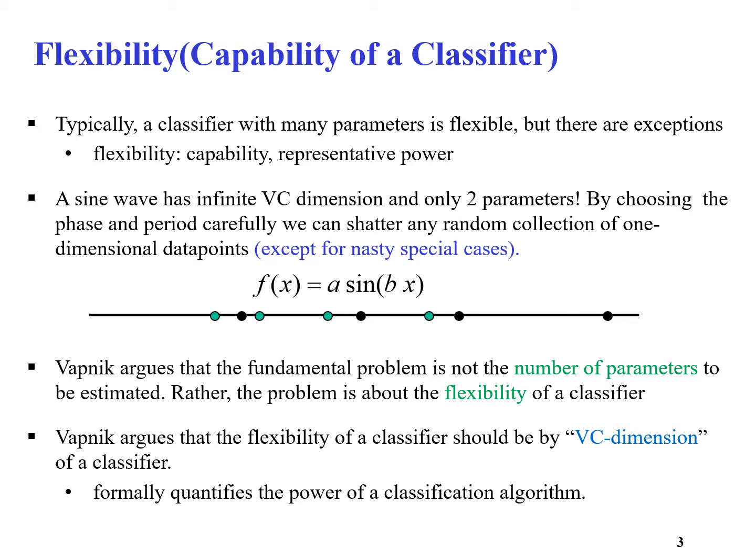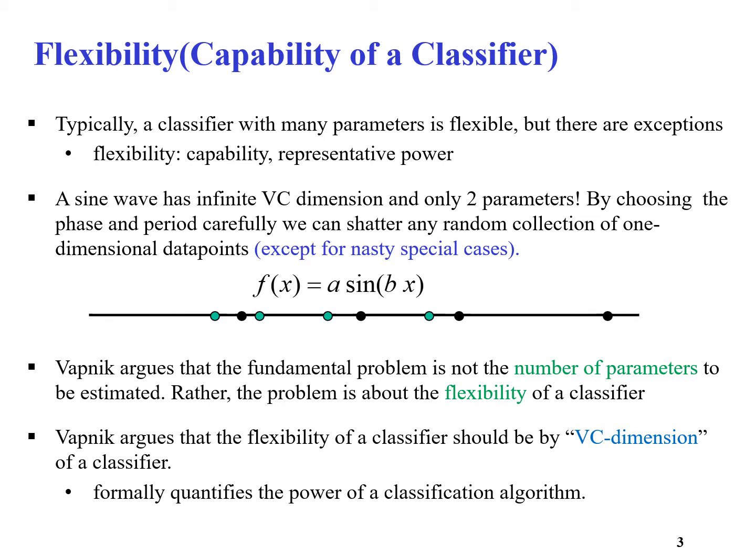When we say a classifier is very flexible or capable, it means that the classifier can represent very complex concepts or very complicated classification boundaries. That's the definition of flexibility or capability of a classifier.